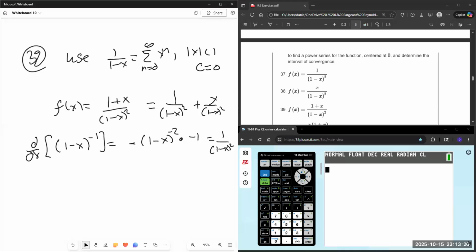I have the exact derivative of this function here. So let's take the derivative of both sides.